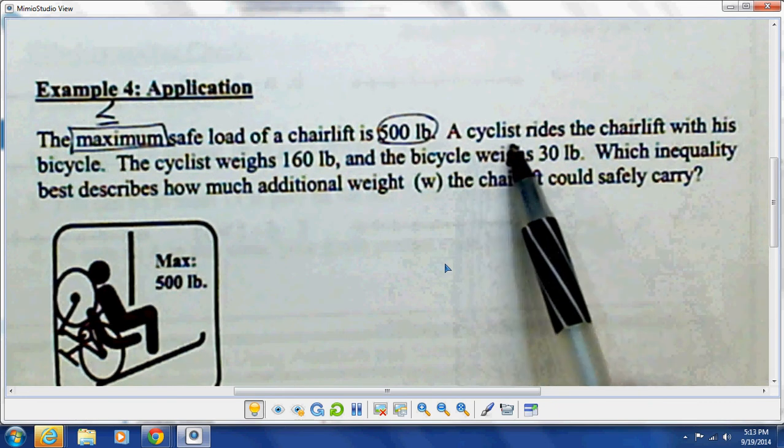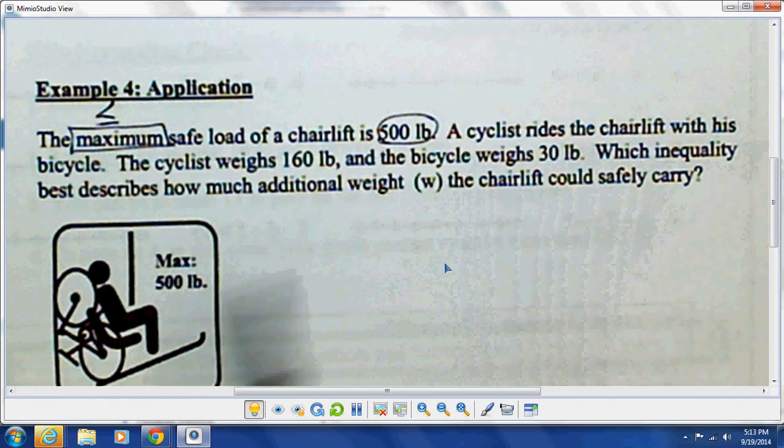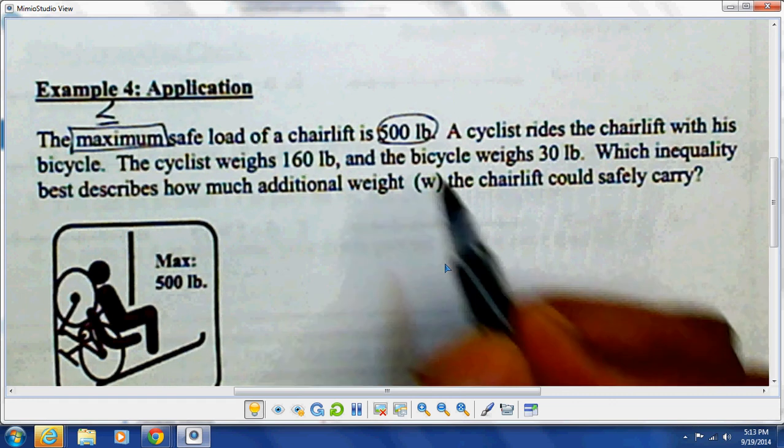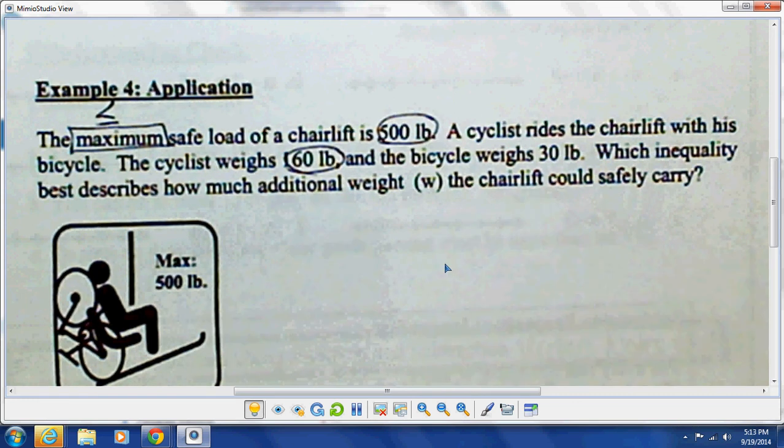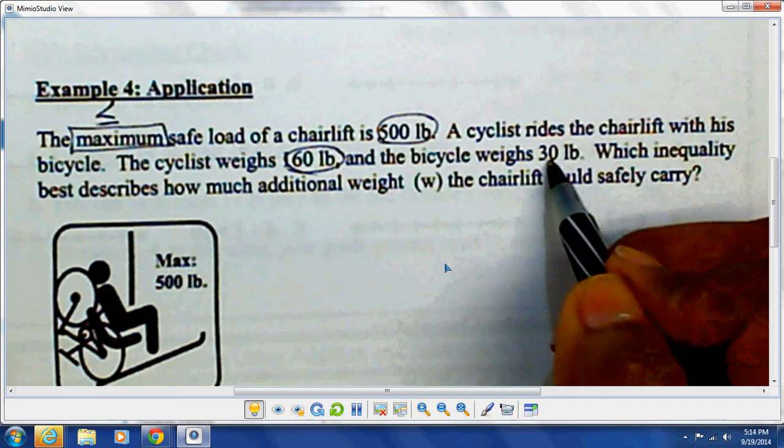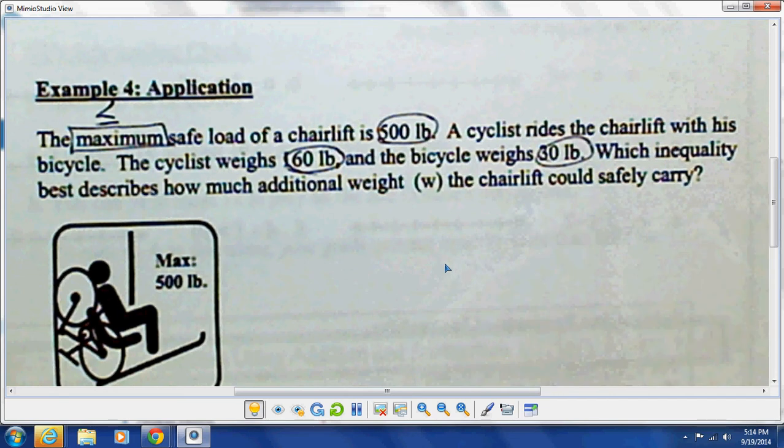Now it says the cyclist rides the chairlift with his bicycle. The cyclist weighs 160 pounds and the bicycle weighs 30 pounds. So the cyclist is going into the chairlift with his bike, so both of those are going into the chairlift.